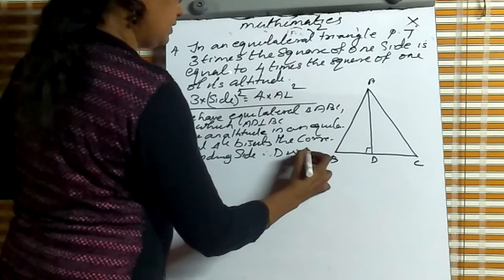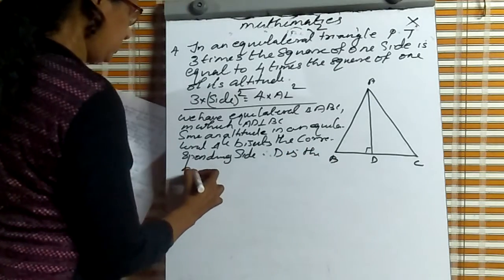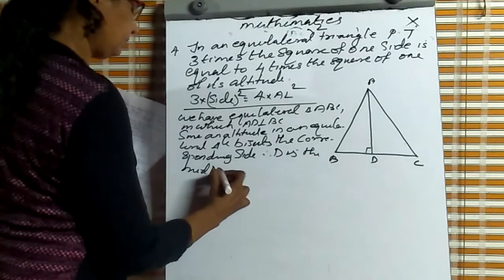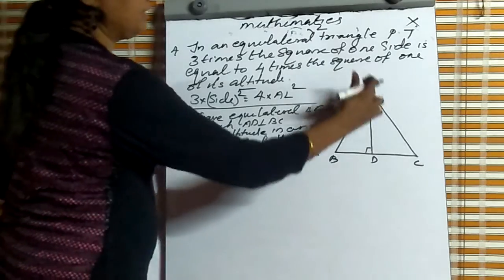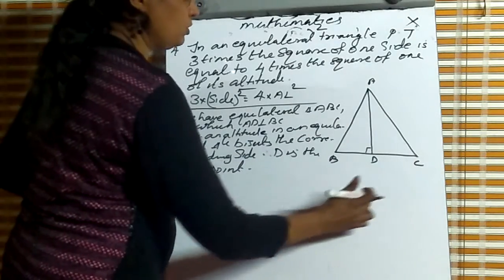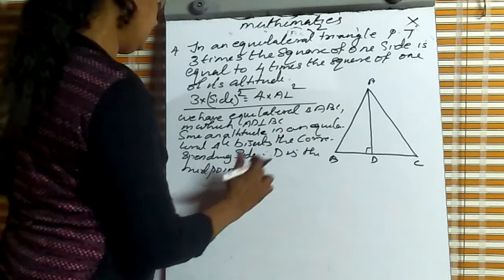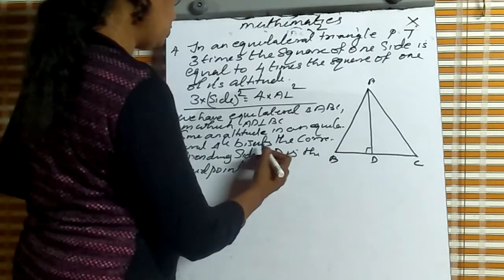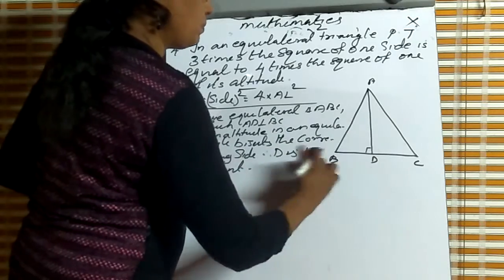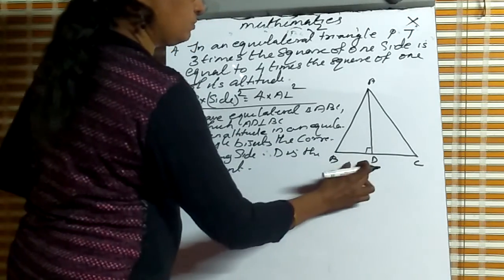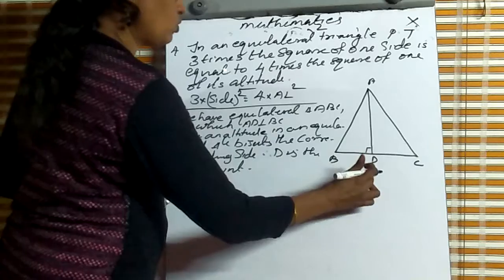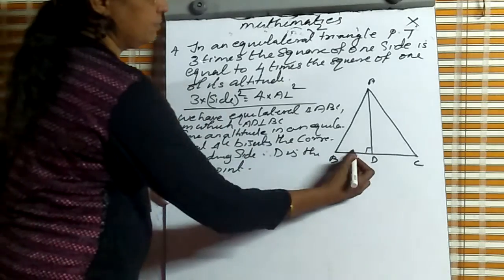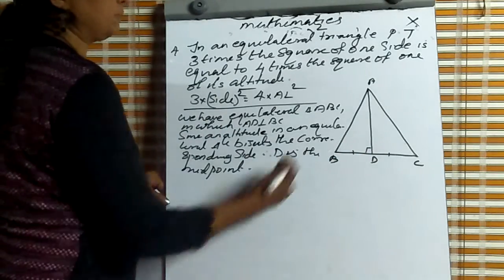Therefore, D is the midpoint. Listen: in an equilateral triangle, the altitude bisects the corresponding side, that is BD is equal to DC. So D is the midpoint.